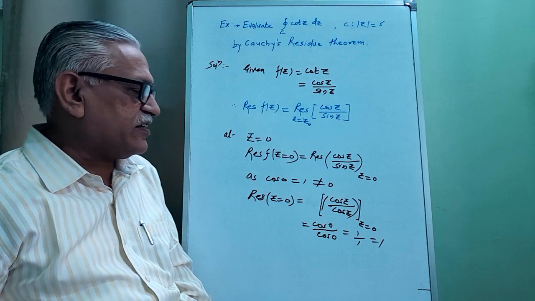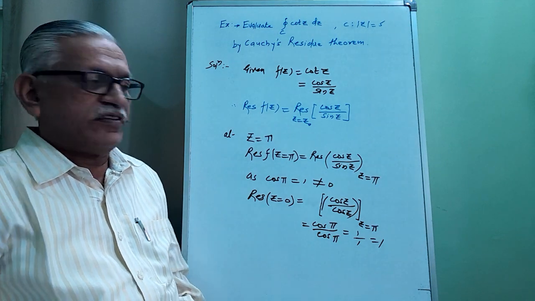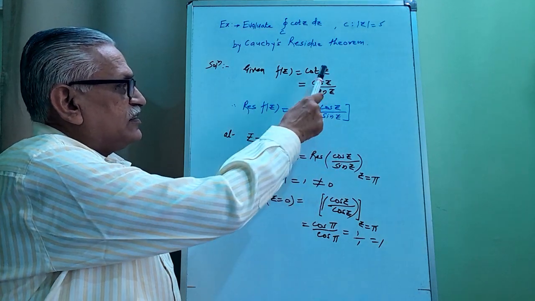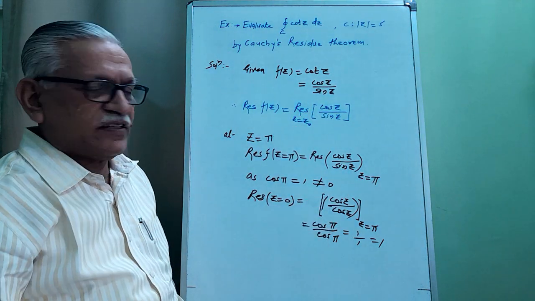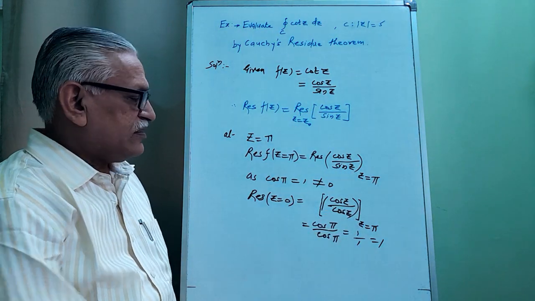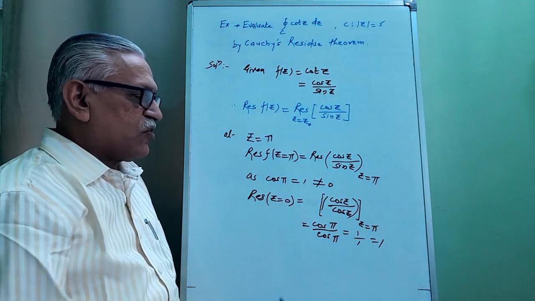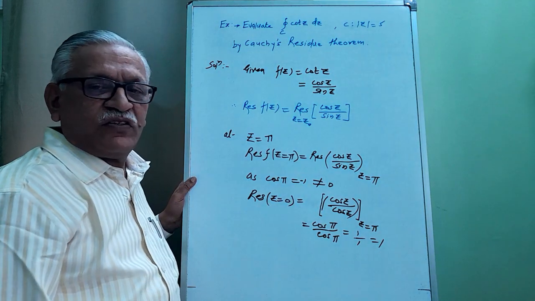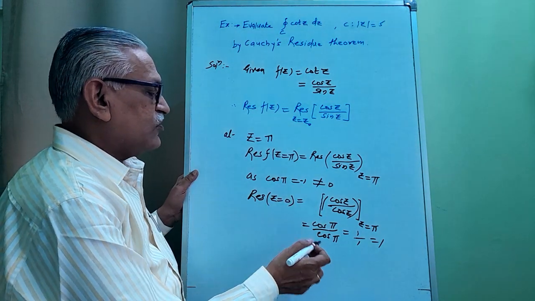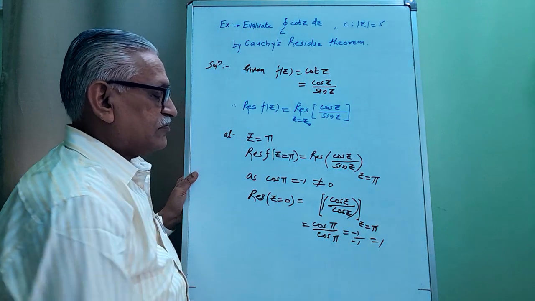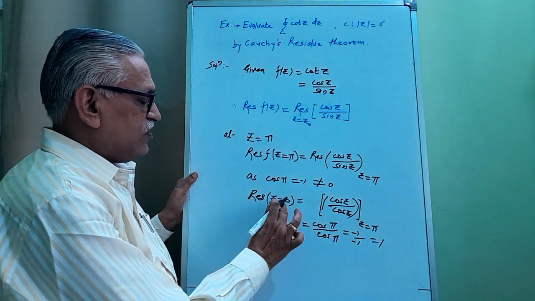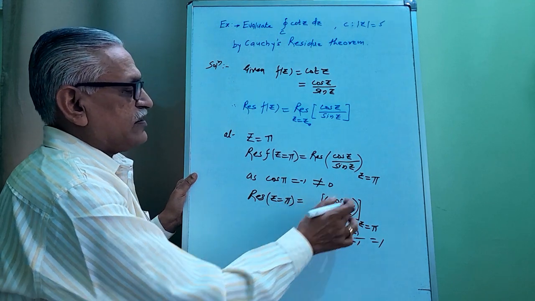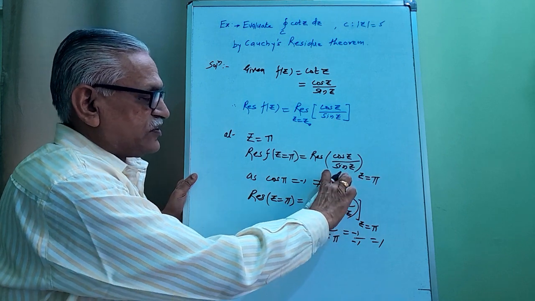Then we determine the second residue. The residue at point z is equal to pi is the residue of cos z upon sin z at z is equal to pi. We check the value of cos pi, which is minus 1, not equal to 0, and therefore we get the residue at z is equal to pi as cos z divided by the differentiation of sin z.